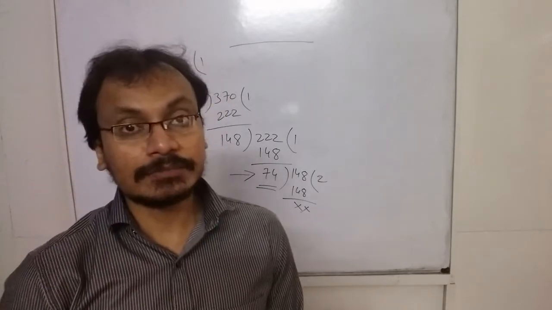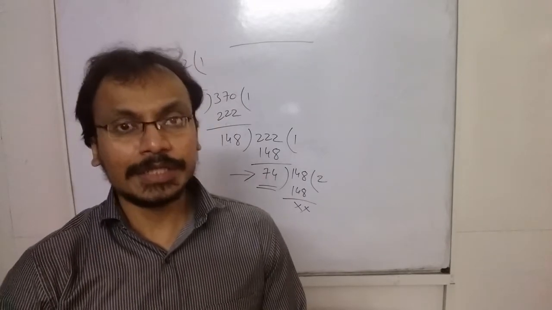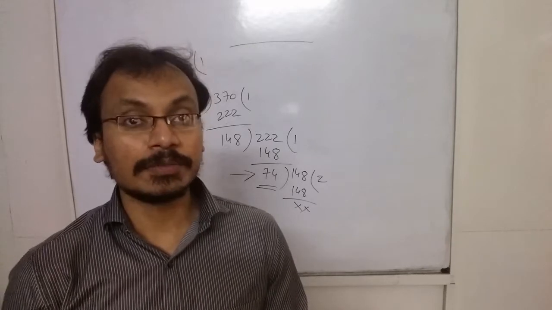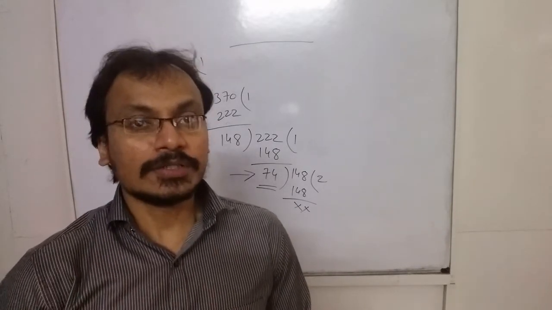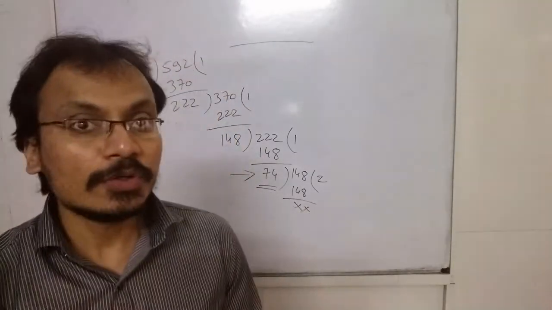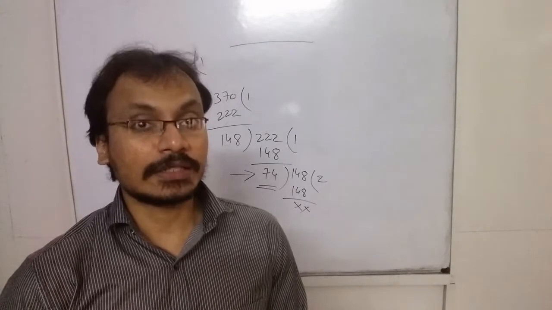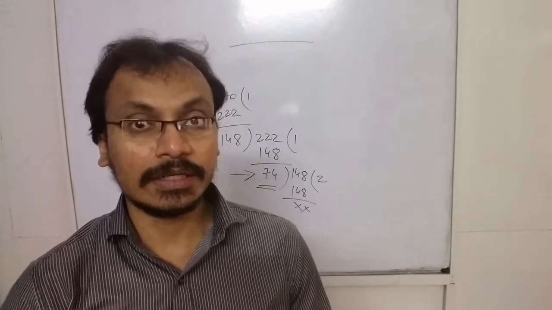Use this division method when the numbers are large, maybe 3 or 4 digit numbers which you are unable to factorize properly. Sometimes you will get stuck in a situation where the number is not getting divided. So you can use this method. It is going to save your time also, and you will get the answer.